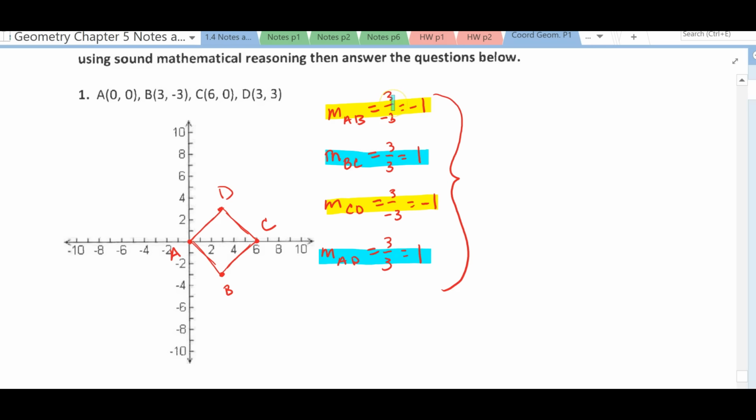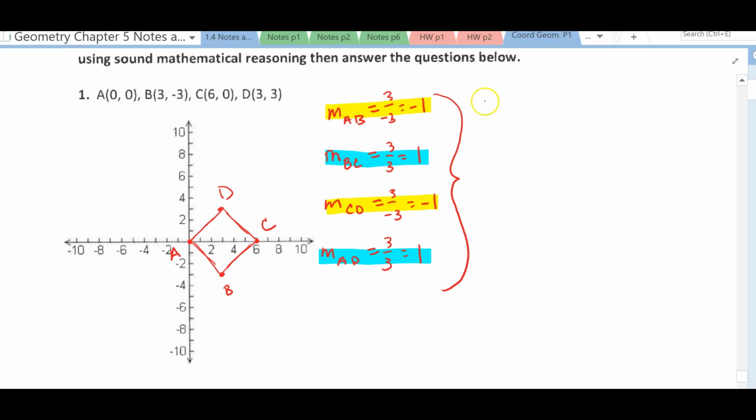So based on the fact that the opposite sides have the same slopes, and therefore are parallel, we know that this at least has to be a parallelogram. And since the adjacent sides have opposite reciprocal slopes, so AB and BC, negative 1 and 1, those are opposite reciprocals. BC and CD, opposite reciprocals, and so forth.